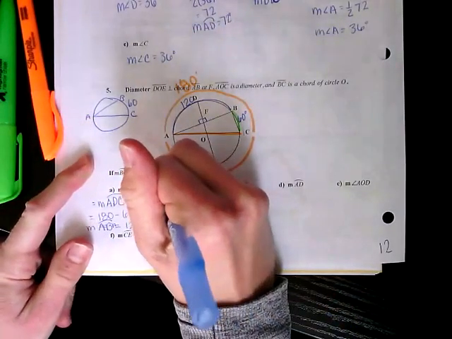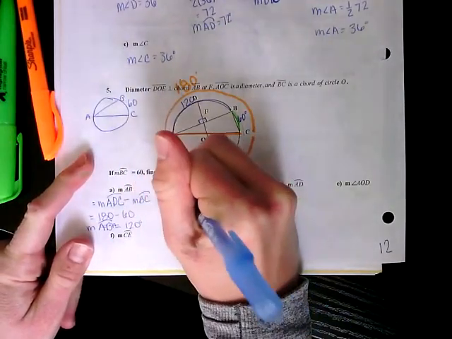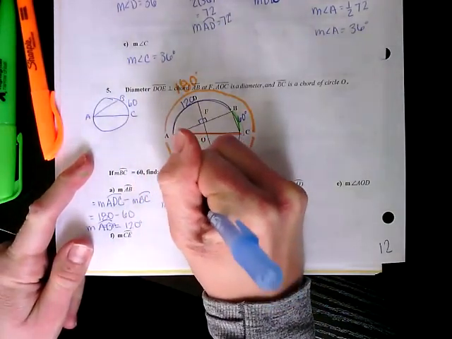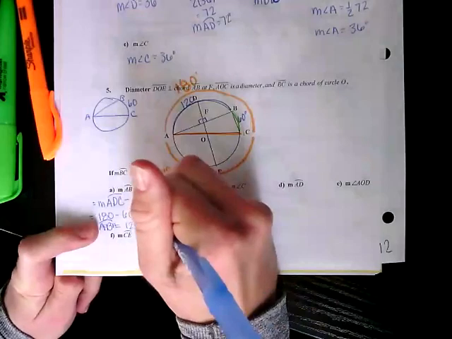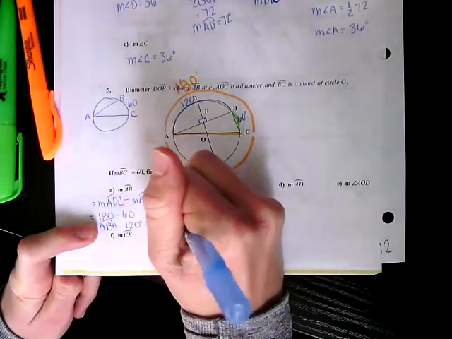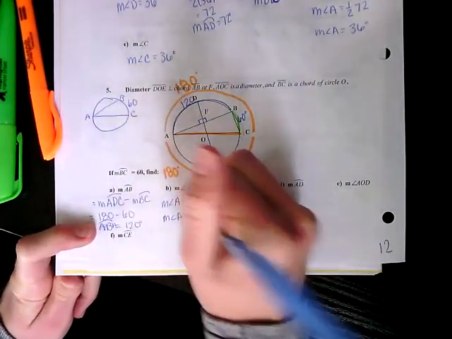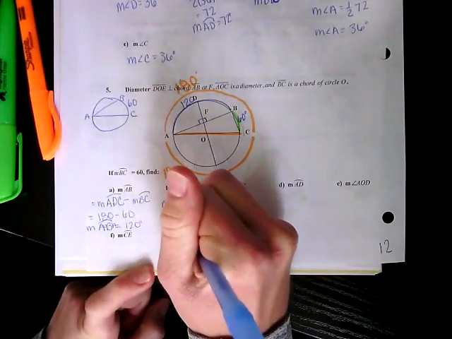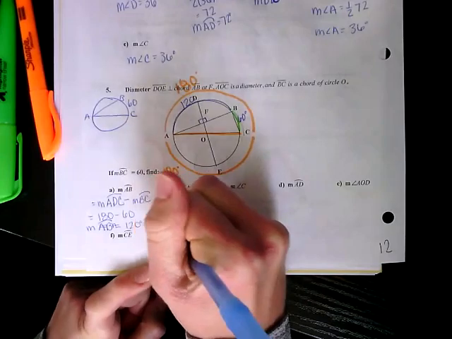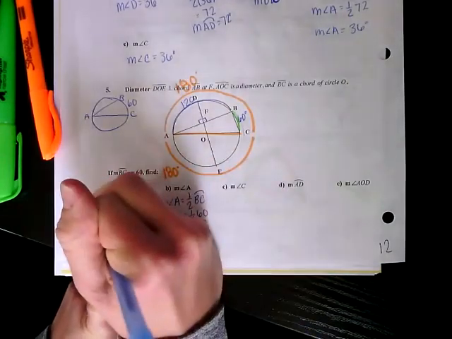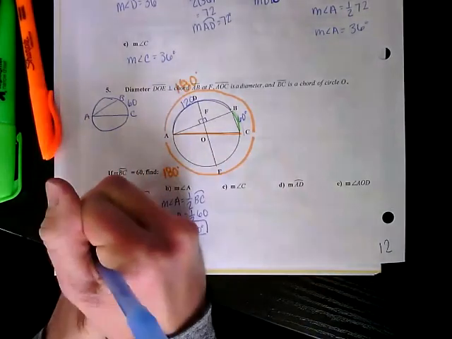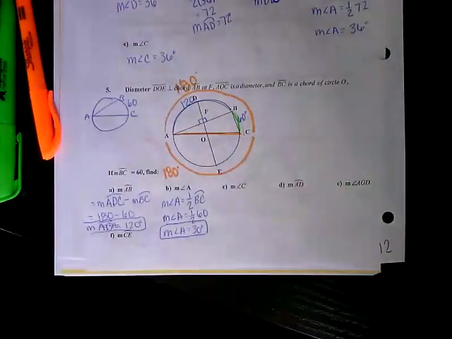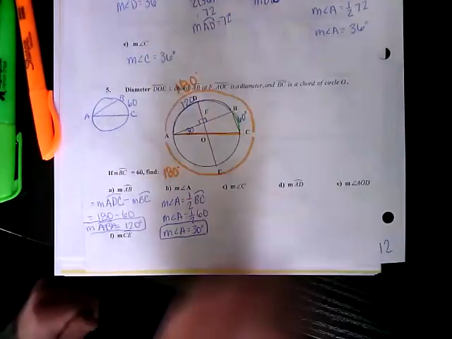So the measure of angle A is equal to half the measure of arc BC. Okay, so if BC is 60, then half of that's 30. So the measure of angle A is equal to 30. Okay, so this is 30 here.